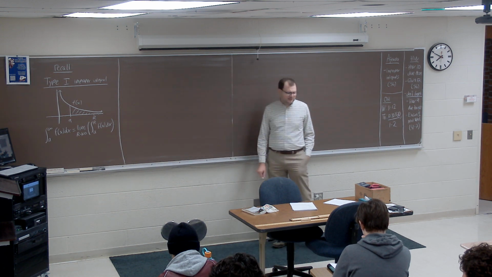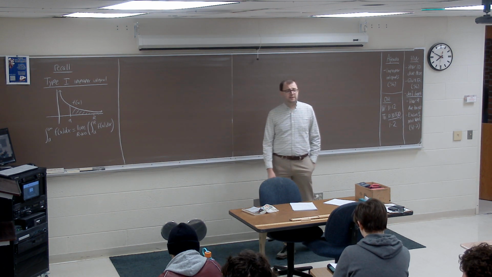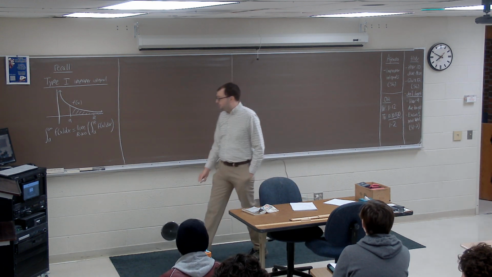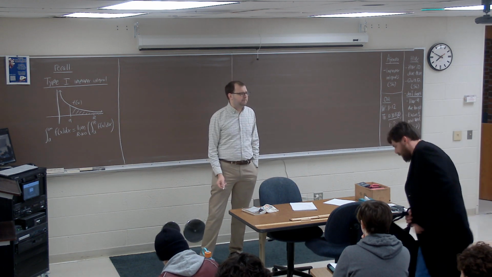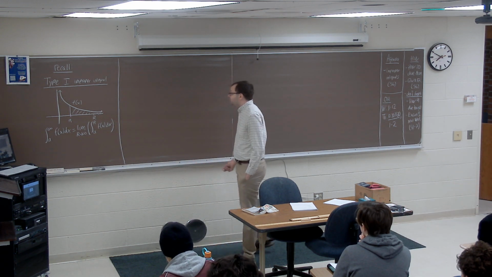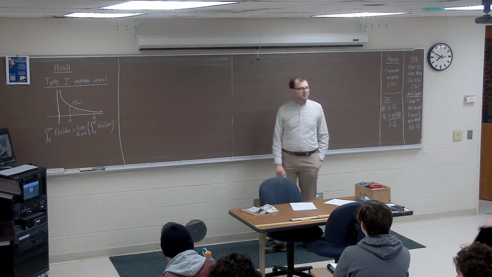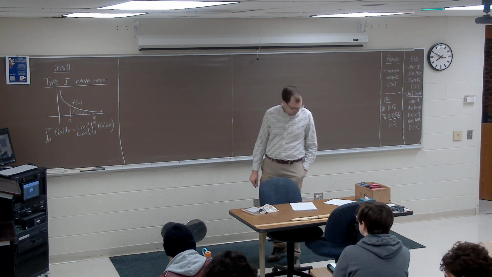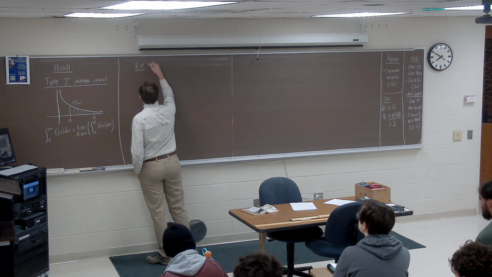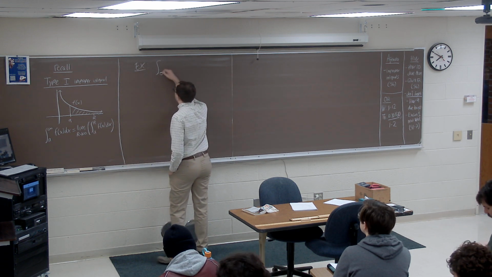What I would like to do today is talk about a different type of improper integral that is similar in the general idea of how you would go about solving it, but in practice requires a little bit of finesse. Specifically, we'll look at improper integrals that look like this.